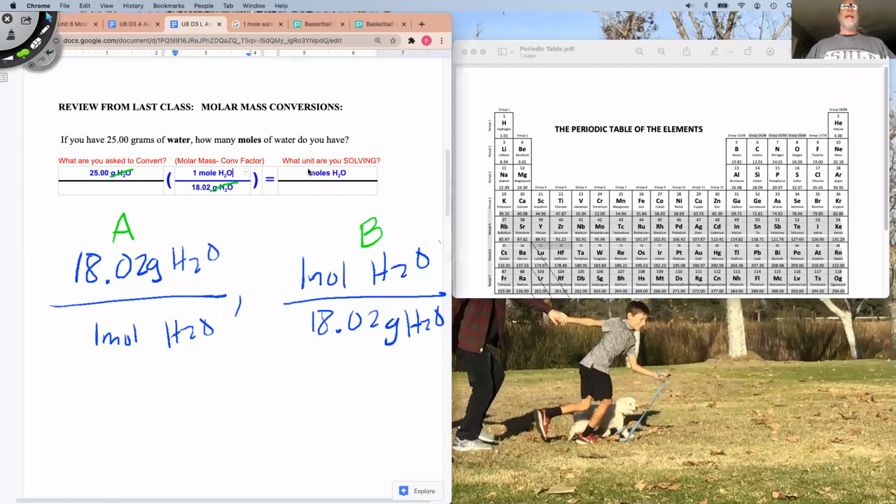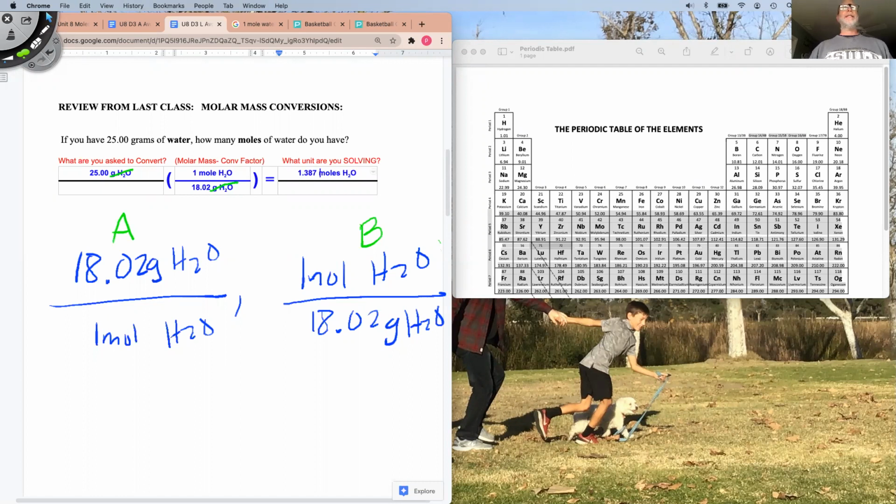We take 25 times 1, and then divide by 18.02. So 25 times 1 divided by 18.02 equals, ladies and gentlemen, 1.387.